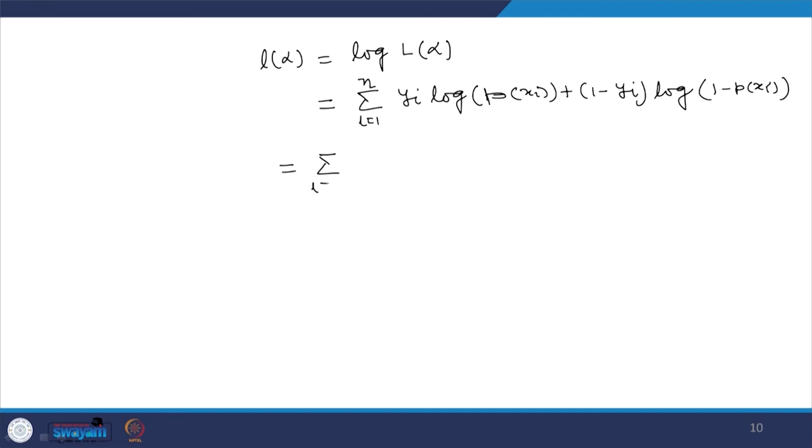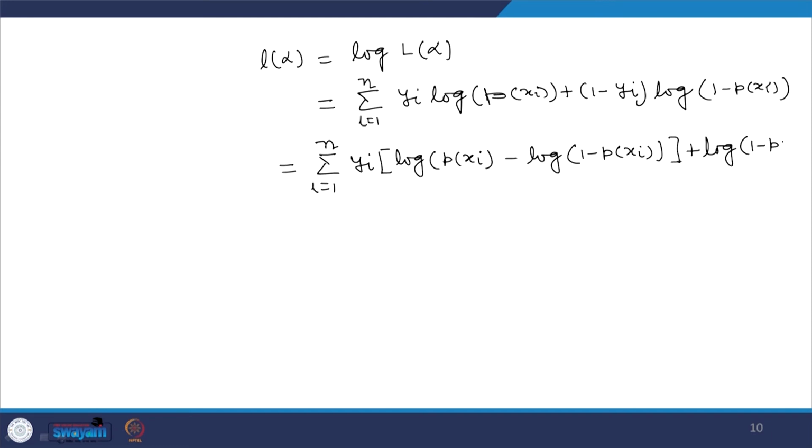I can write the sum over i equals 1 to n of y_i times log p(x_i) minus y_i times log of 1 minus p(x_i), plus what is left, log of 1 minus p(x_i).